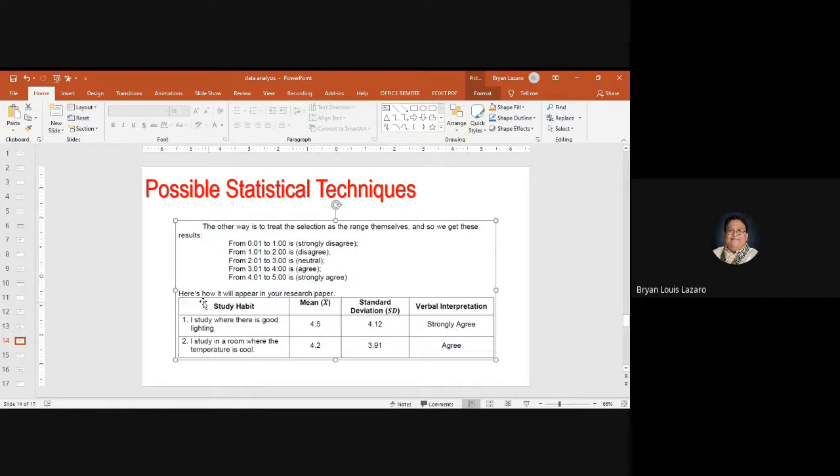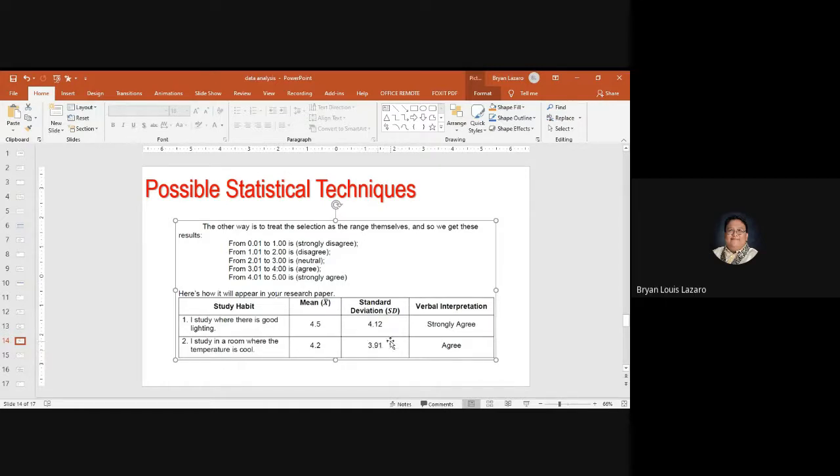Ang usually na nilalagyan ng verbal interpretation ay si standard deviation, kasi mas nakikita yung variety ng answer. Mas nagiging valid siya. Okay? So, katulad nito, si mean niya is 4.2. Saan siya mag-fall? Strongly agree po. But the standard deviation is 3.91.